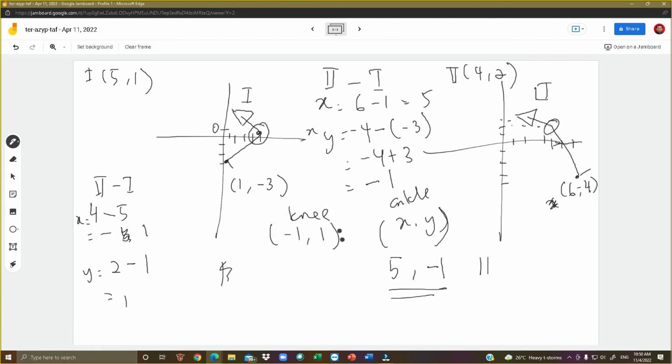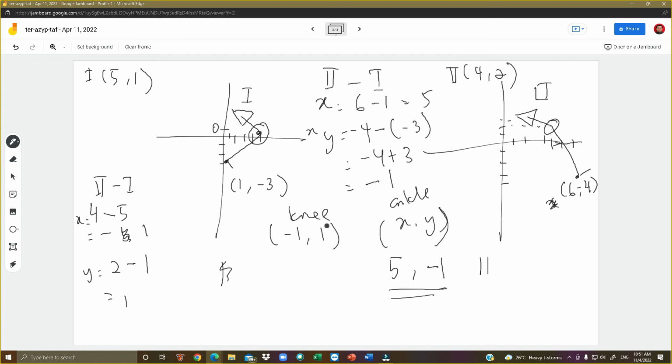So from here, what can you explain from the answer? The knee moved negative 1, 1, meaning that it moved back and upwards. How about the ankle? It moved forward and downwards. This is how you explain movement based on Cartesian coordinate.